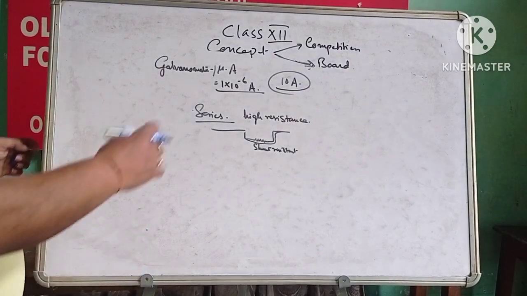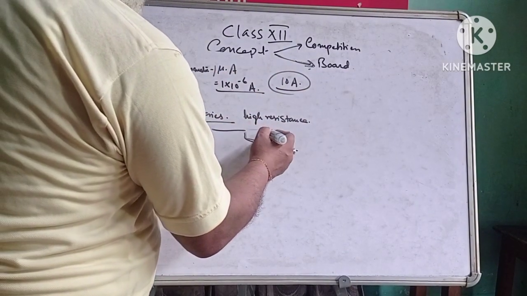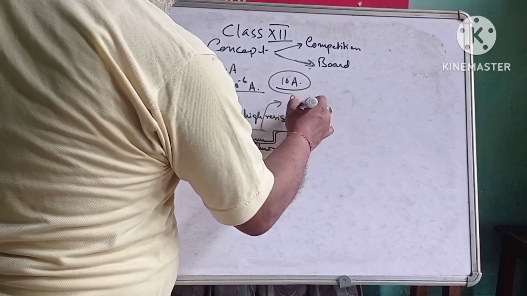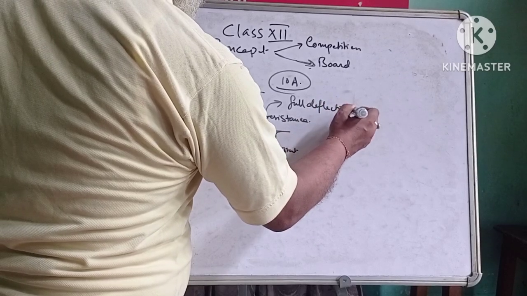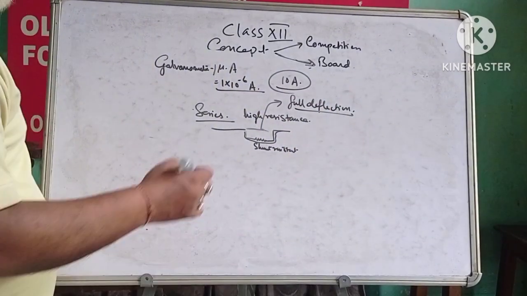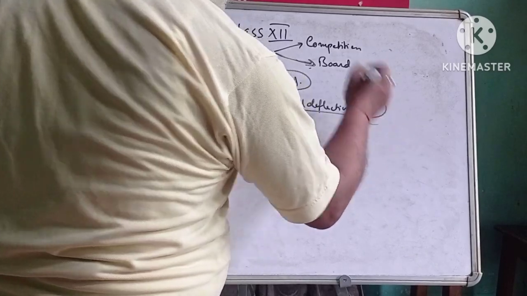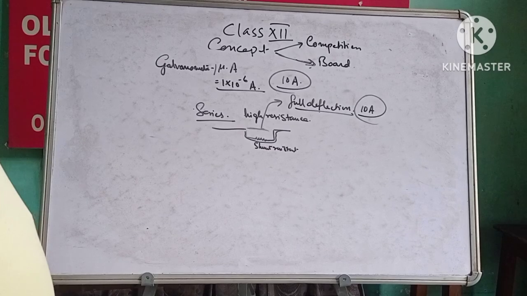And when the maximum current flows through the shunt, your galvanometer will give the full deflection, and you can say that a 10 ampere current is flowing through.